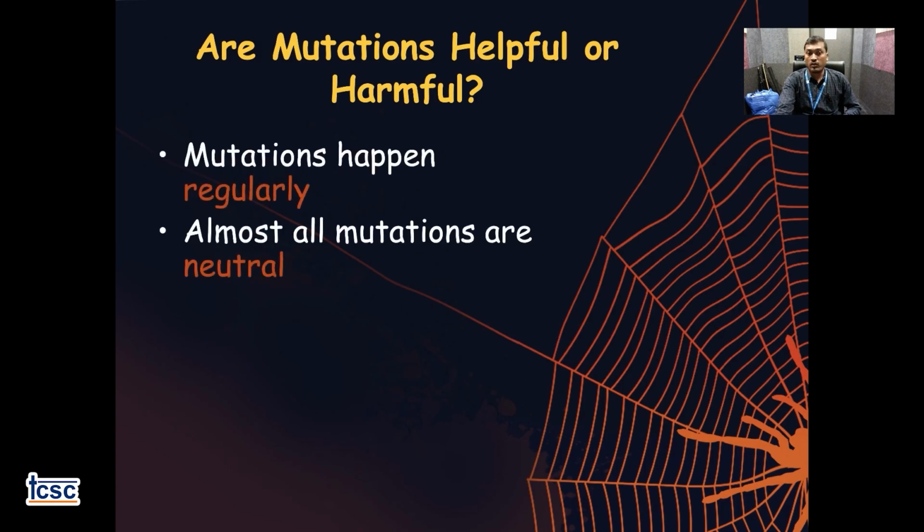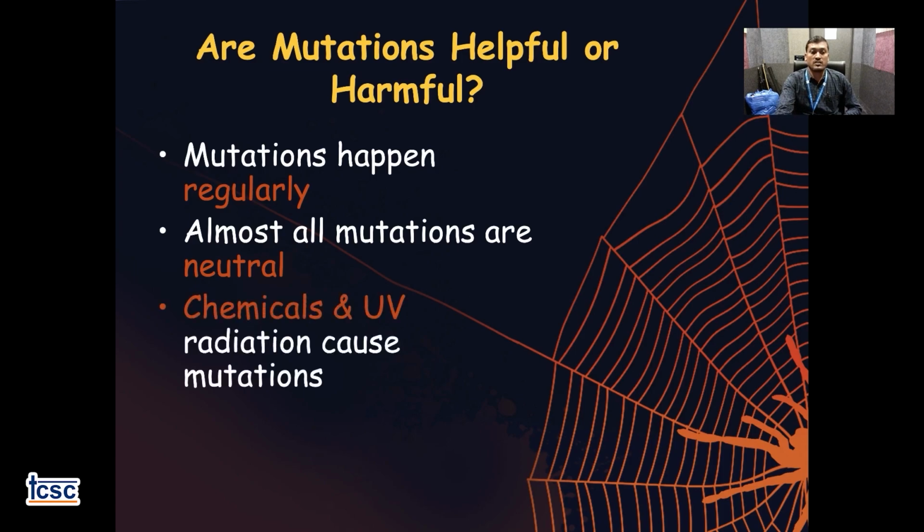Mutations happen regularly. Why? Because we are continuously in contact with X-rays, gamma rays, sun rays, ultraviolet rays, various types of pathogens, chemicals, and mutagens. What is meant by mutagens?